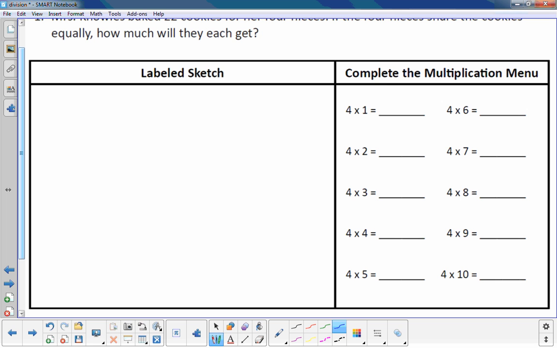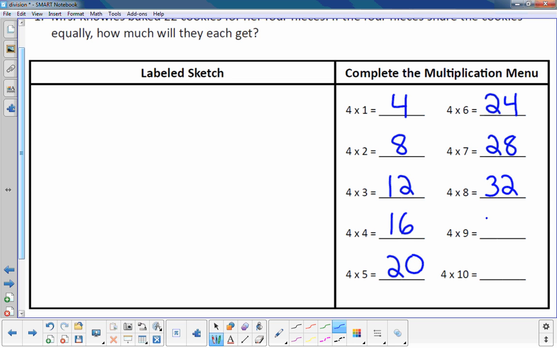So we're going to answer these multiplication facts of 4. 4, 8, 4 times 3 is 12, 4 times 4 is 16, 4 times 5 is 20, 4 times 6 is 24, 4 times 7, 28, 32, 36, and 40.